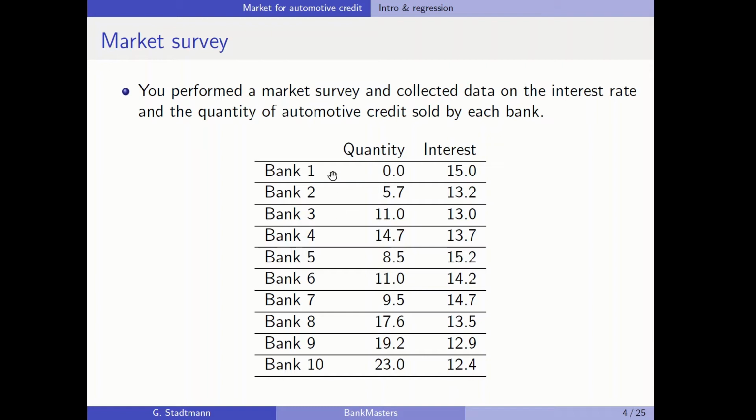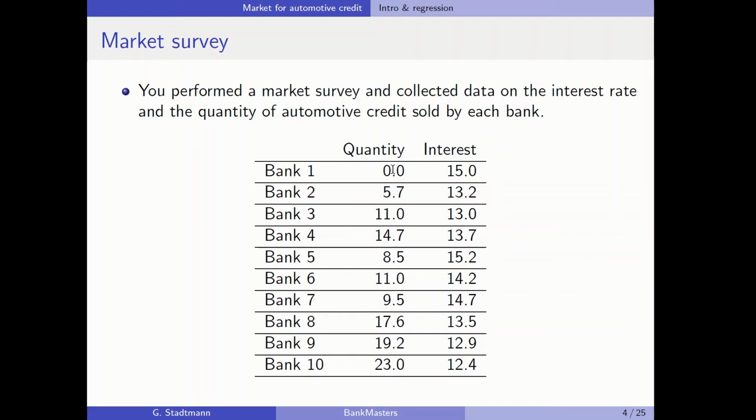For example, Bank1 set an interest rate of 15% and the quantity is equal to 0. Bank2 set a slightly lower interest rate, 13.2%, and the quantity was positive. So it seems to be the case that the first bank set its interest rate too high and therefore no customer demanded automotive credit.